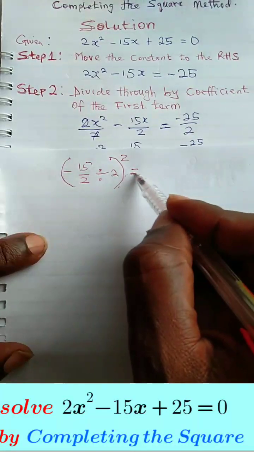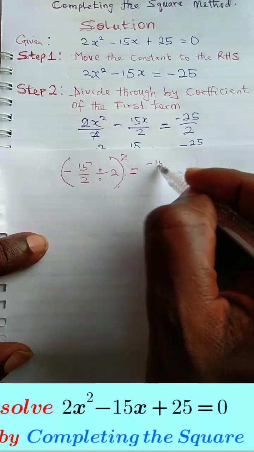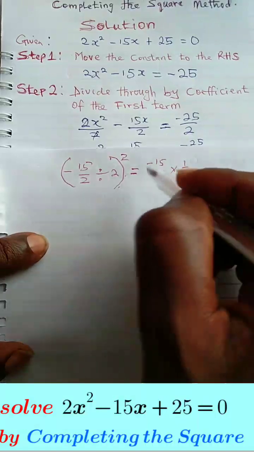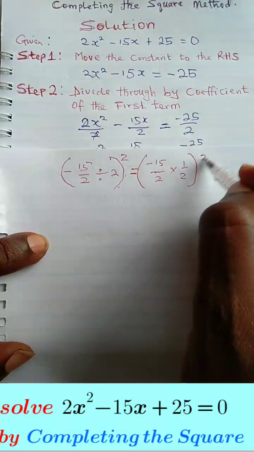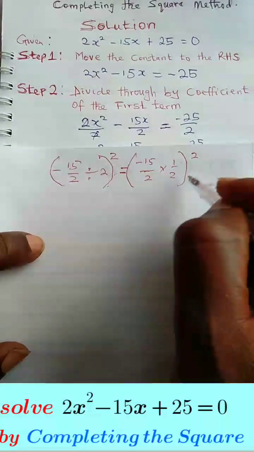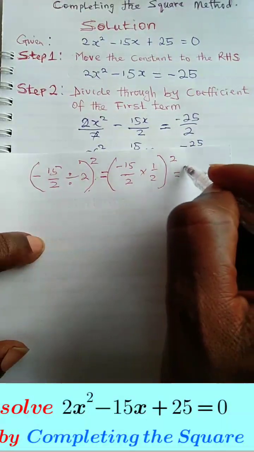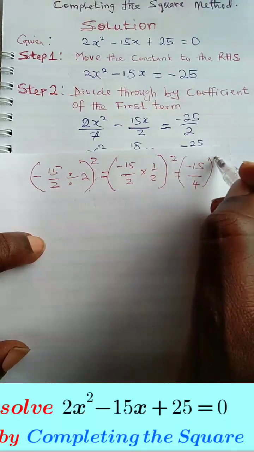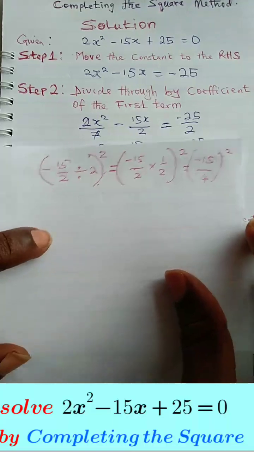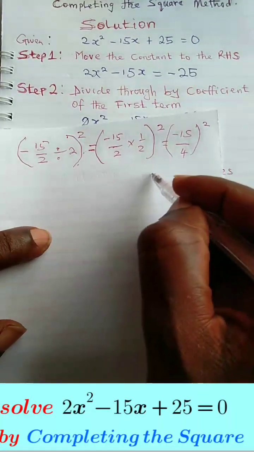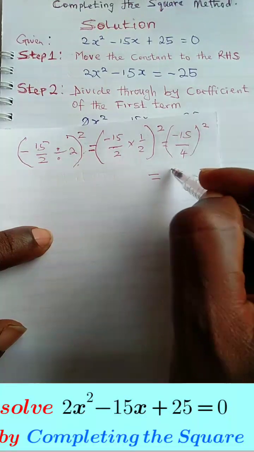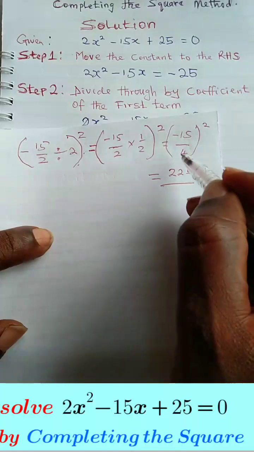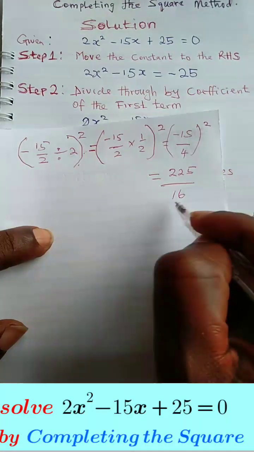Now I can simplify this further as minus 15 over 2 times 1 over 2, all squared, which can also be simplified as minus 15 over 4 all squared. Can you see that? And that will lead us to minus 15 all squared is 225, and 4 squared is 16.